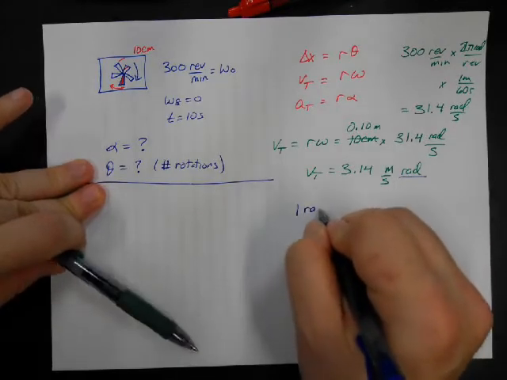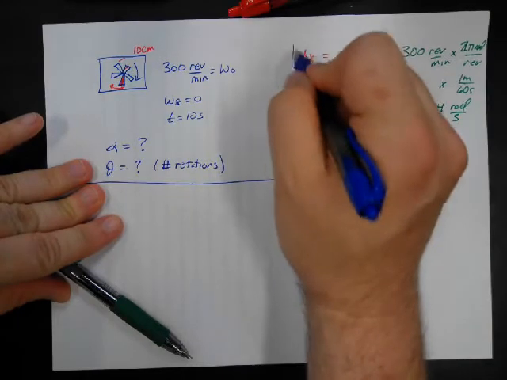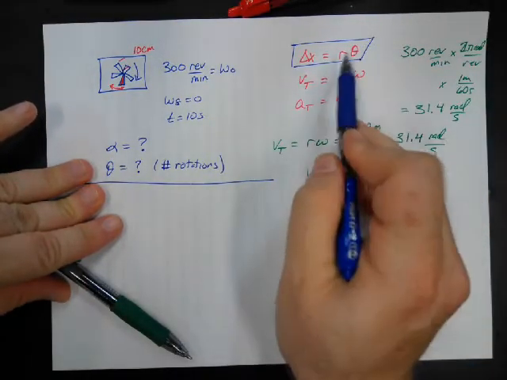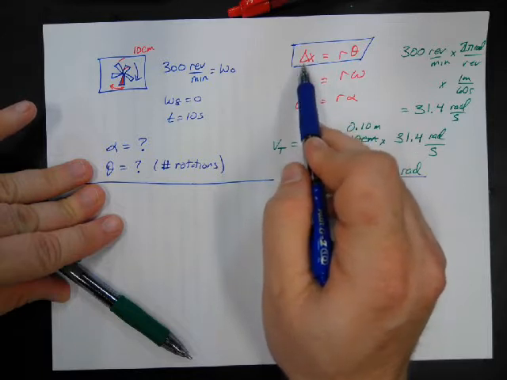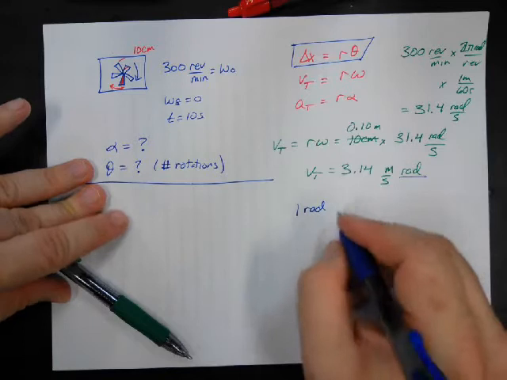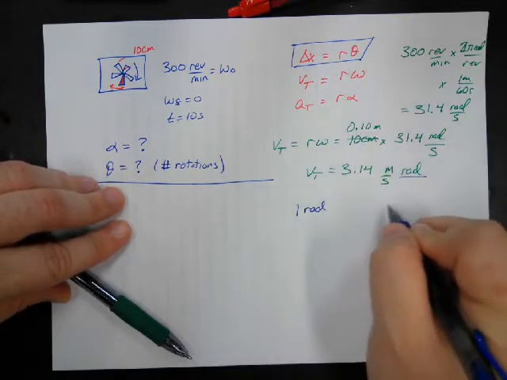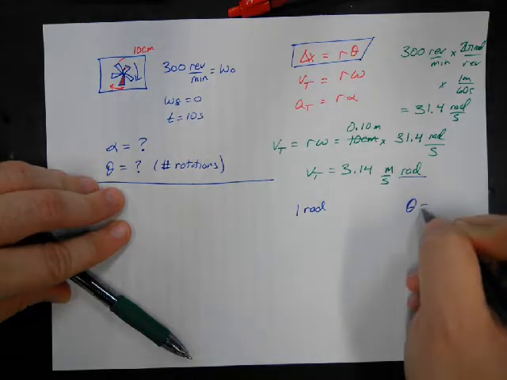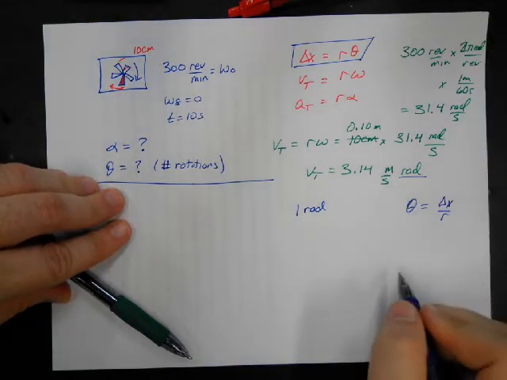1 radian comes from this definition where we're defining the angular distance and the translational distance. So if we rewrite this, we have theta is delta x over r, or s over r.